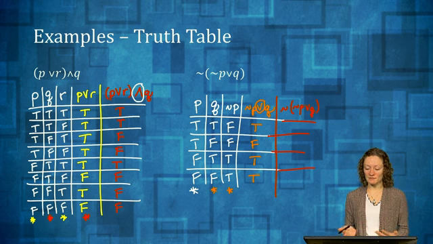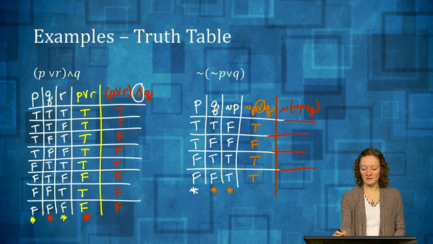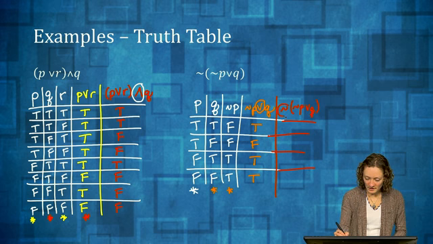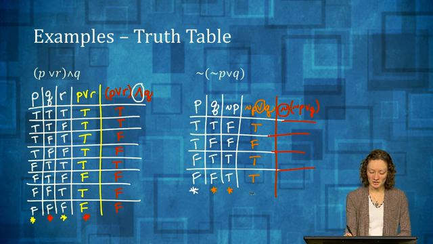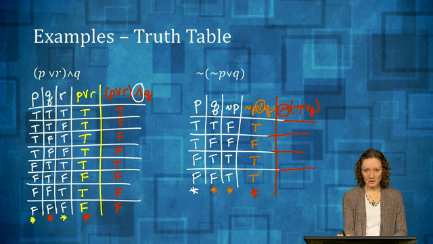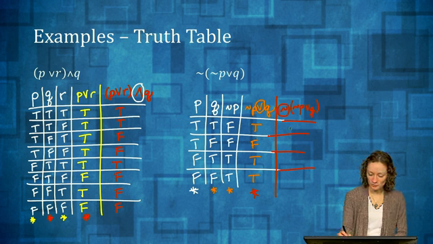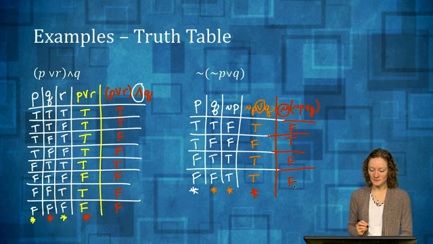What symbol are we focused on when we're filling in this column of the truth table? We've already done this individual negation on P. We've already pulled them together with the word OR. So ultimately here, we're focused on a negation. All we're doing is negating something, and we're negating the parentheses, which is this previous column. So everything here becomes the opposite. True, false, true, true becomes false, true, false, false.